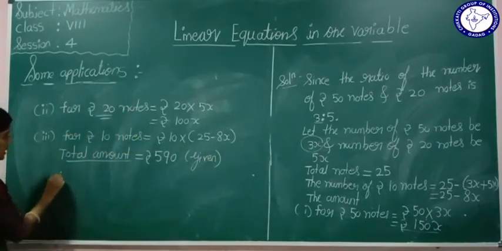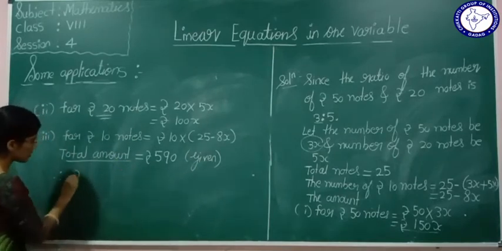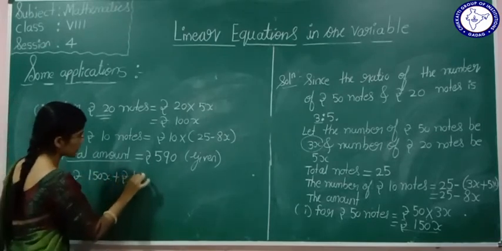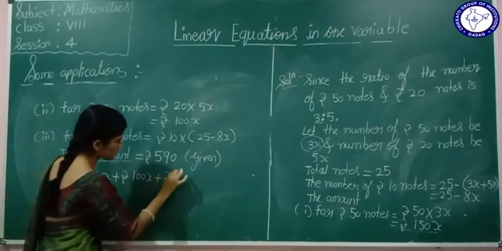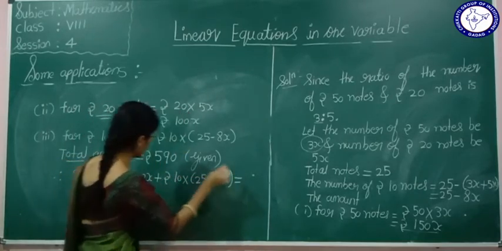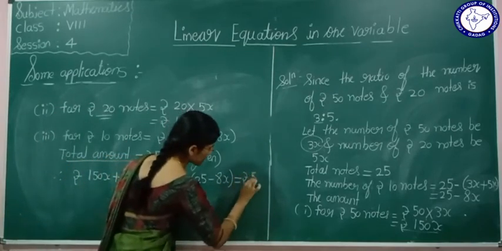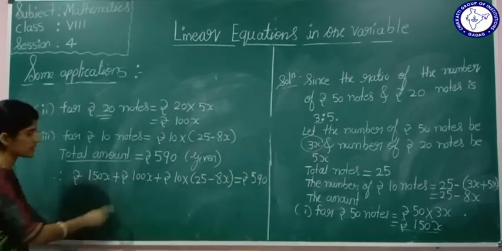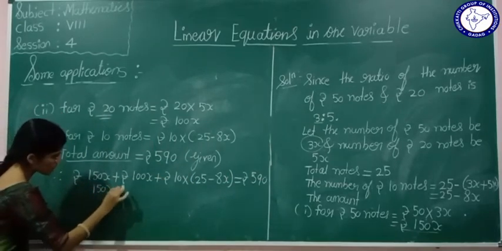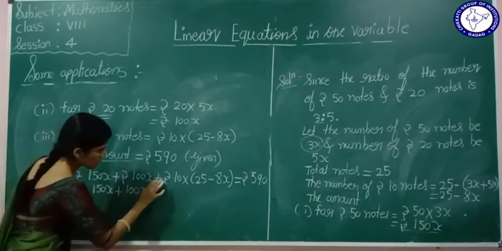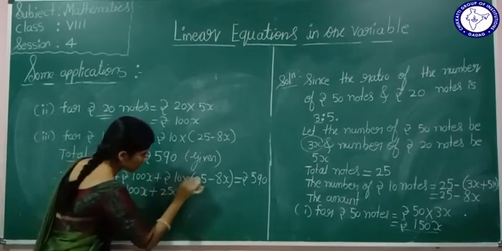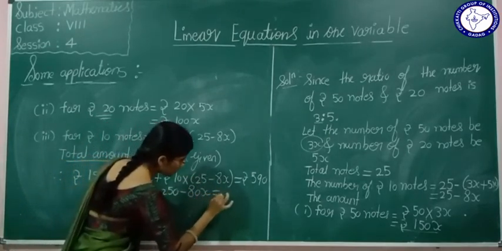Now see here, therefore we will add all this: rupees 150x plus rupees 100x plus rupees 10 multiplied by 25 minus 8x is equal to rupees 590. Now solve this. 150x plus 100x plus 10 25s are 250 minus 10 8s are 80x is equal to 590.